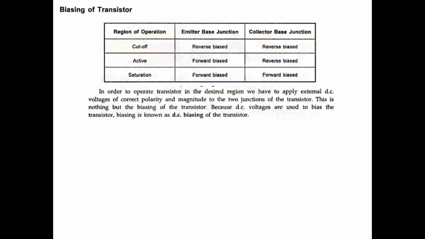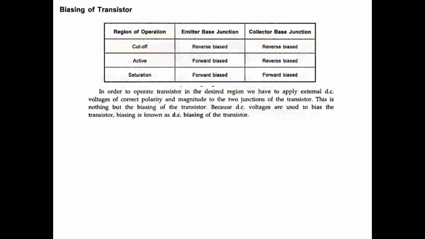If the emitter base junction is forward biased and the collector base junction is reverse biased, then the transistor is in the active region of operation. And if the emitter base junction is forward biased and the collector base junction is also forward biased, then your BJT is working in the saturation region.